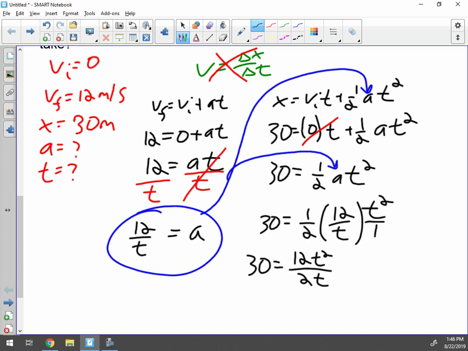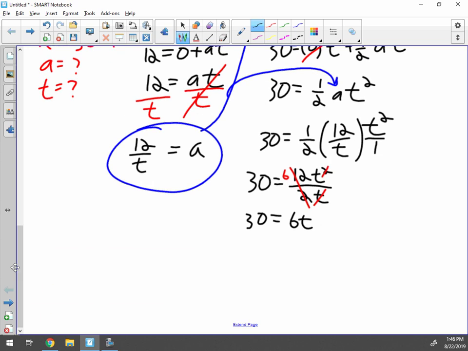The 12 divided by 2 is 6. And 1t at the top is going to cancel 1t at the bottom. So I'm going to have 30 equals 6t is what's left. From here, I can divide both sides by 6, and I have 5 seconds for my time.